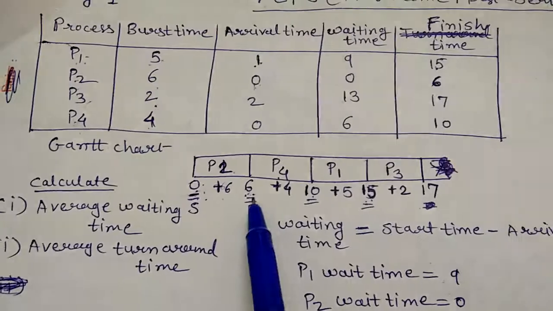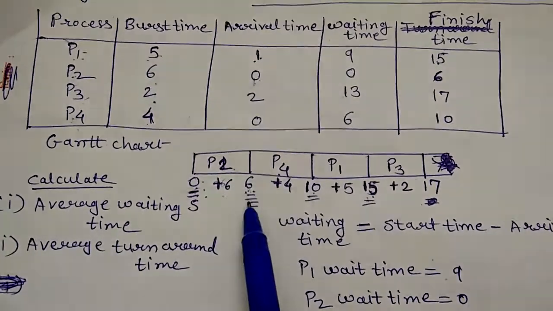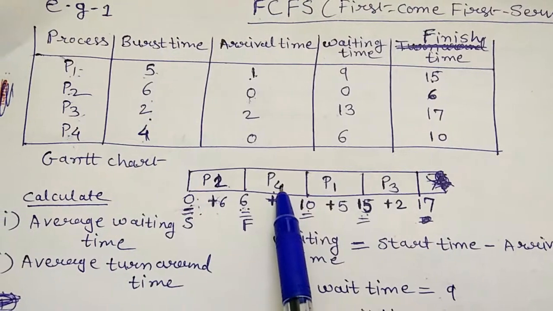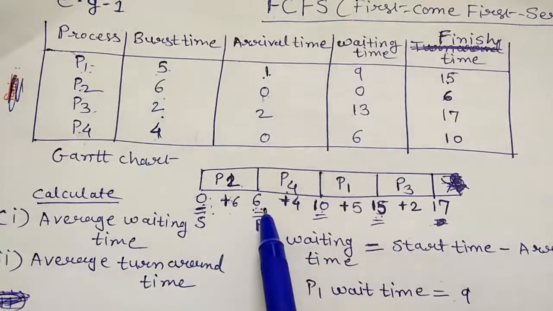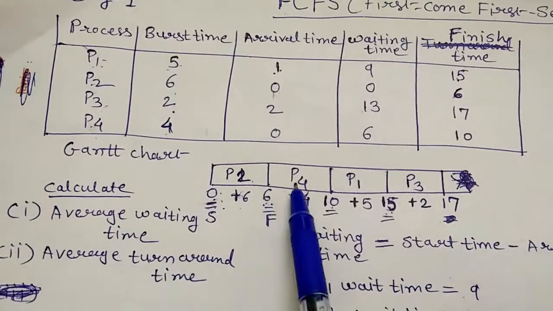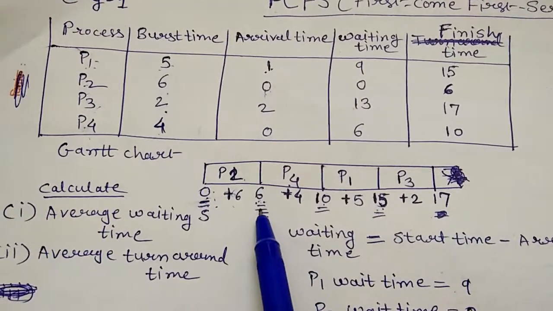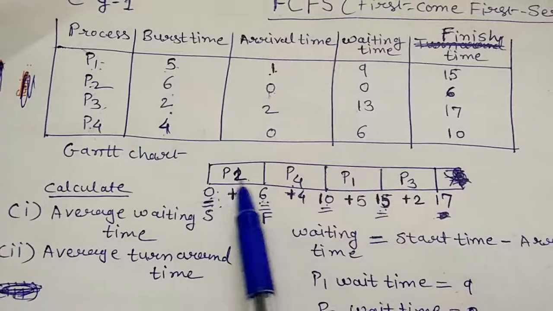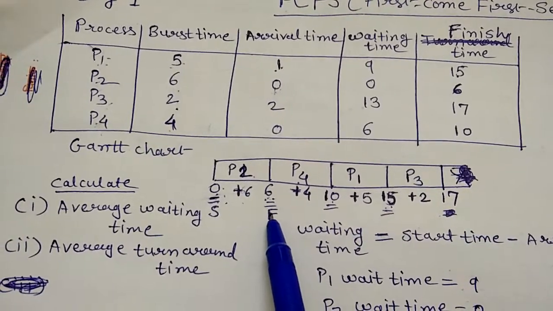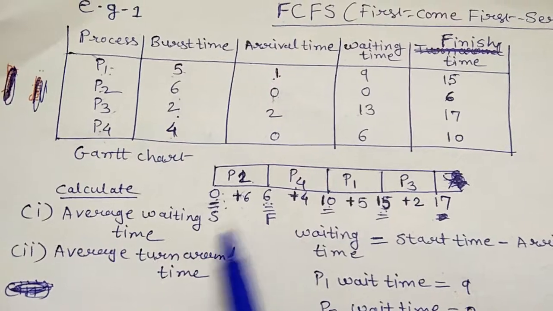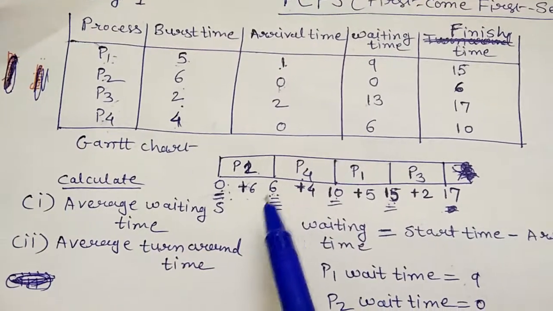And at the same time, at the same sixth millisecond, P4 has started its execution. It means the time at which the first process finishes its execution, at the same time the next process starts its execution.